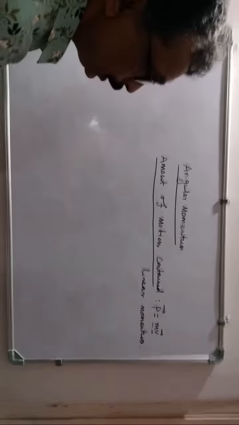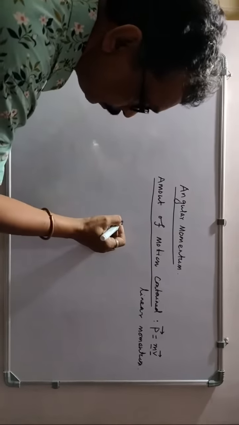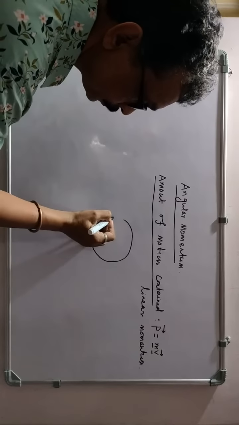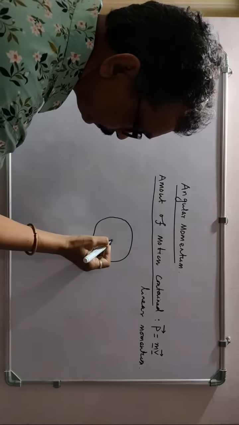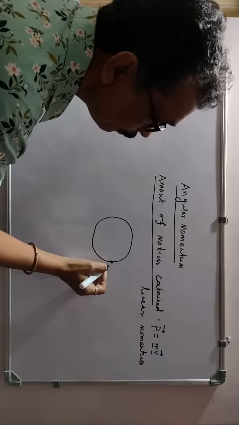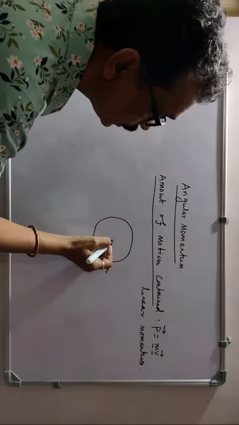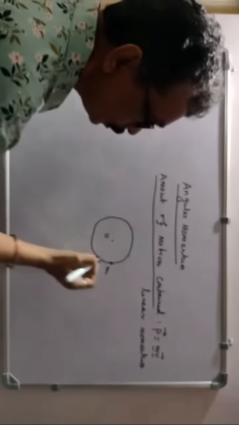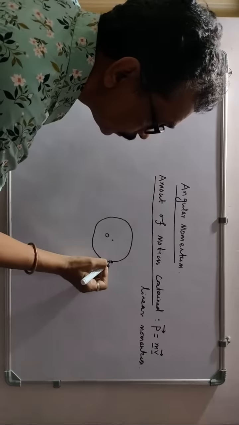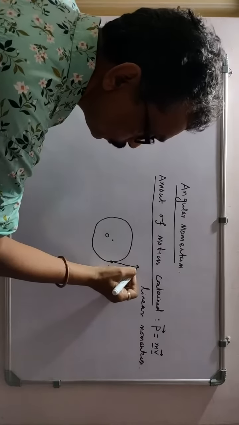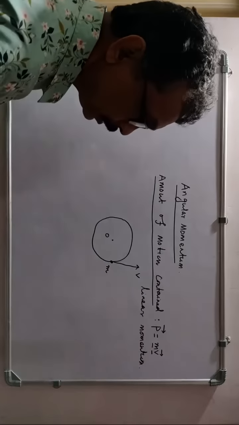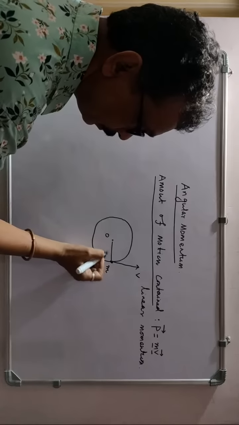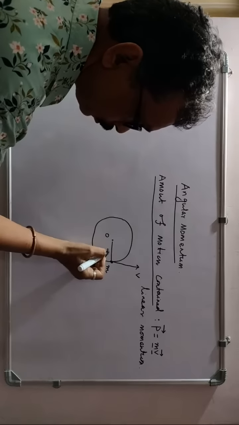But what is angular momentum? Suppose a particle of mass m moves in a circular path whose center is suppose O. The speed of the particle is v, and the mass is at a distance r from the center of the circular path.